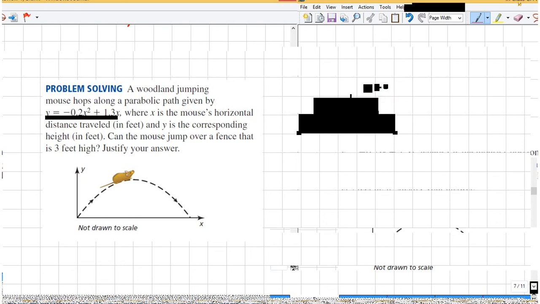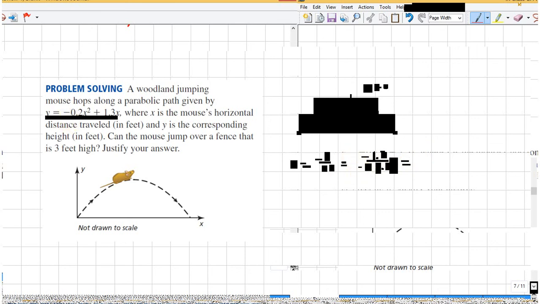So we could do this one in several ways. I'm going to go ahead and consider that it's in standard form so we can find the vertex a different way. Remember that the x-coordinate of the vertex in standard form is x is equal to negative b over 2a. So in this case, b would be equal to 1.3, so that's negative 1.3. And 2 times a would be 2 times 0.2. Okay, that would be a, and it would be a negative, right?